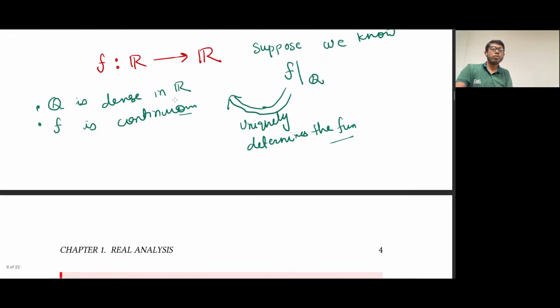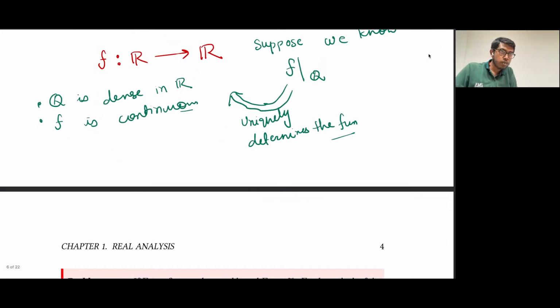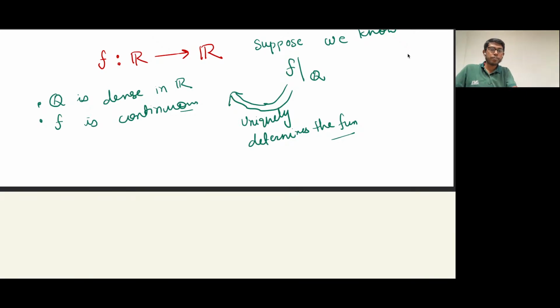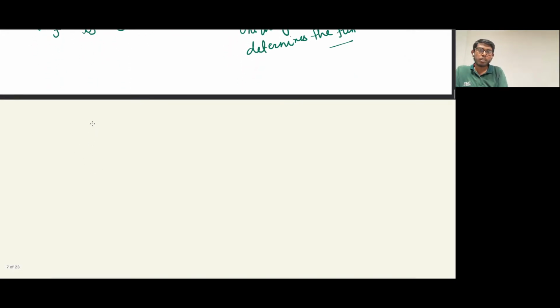So let's see how. Suppose that we know f from Q to R, and we want to determine the function value at some irrational point.